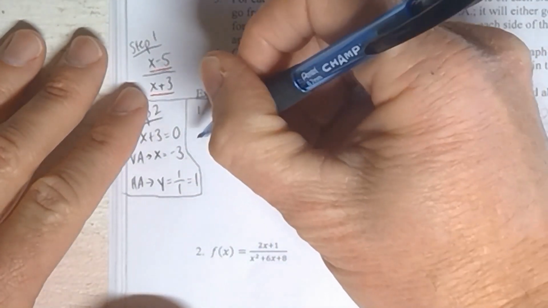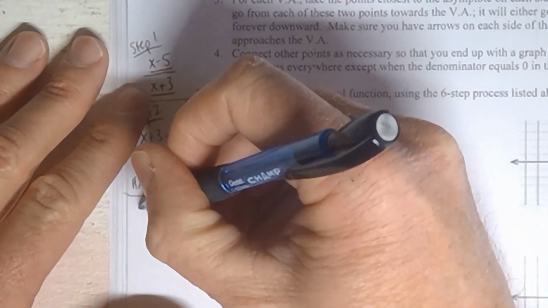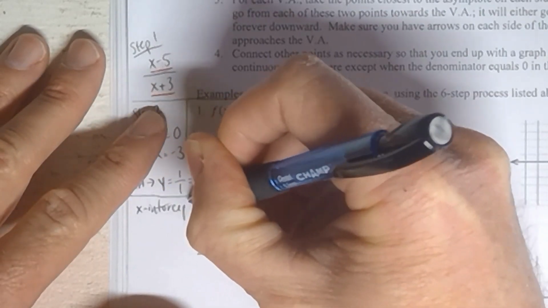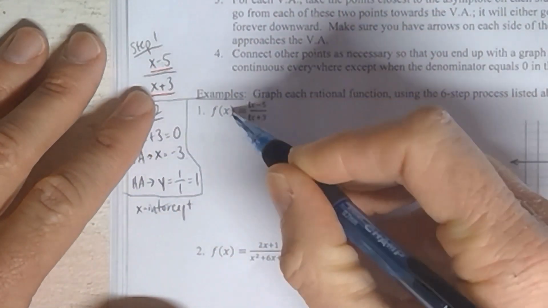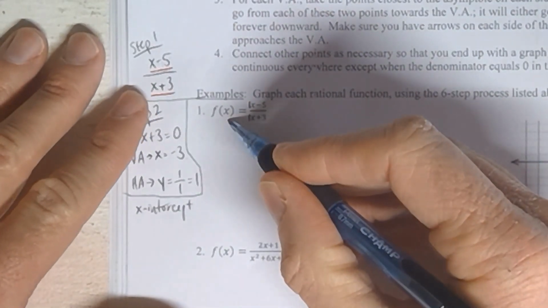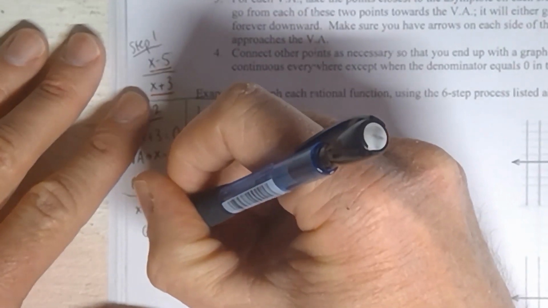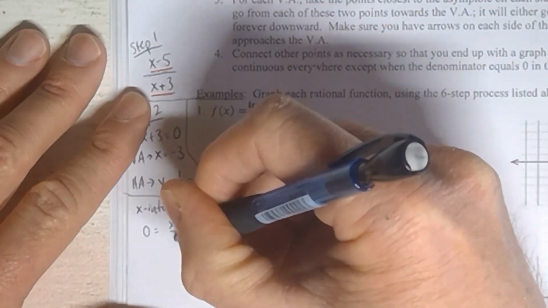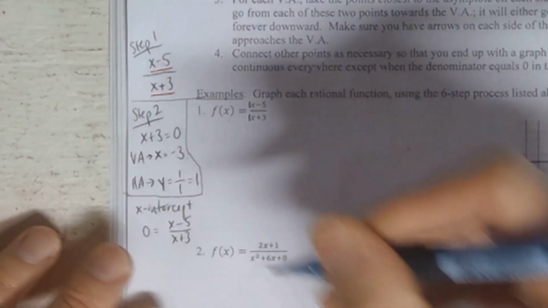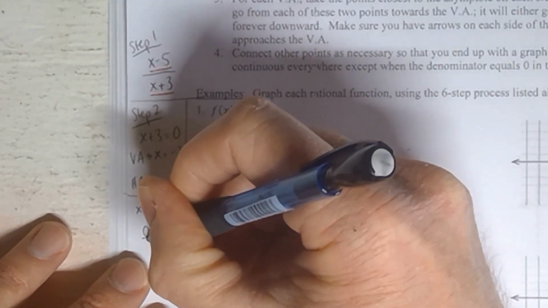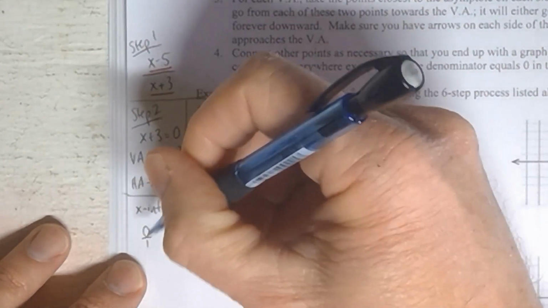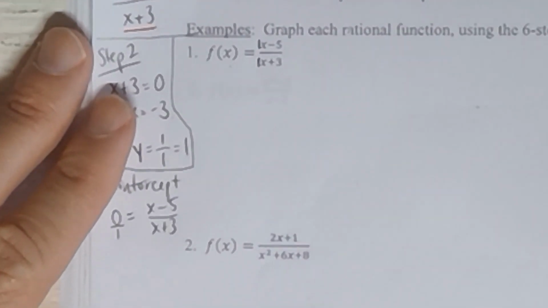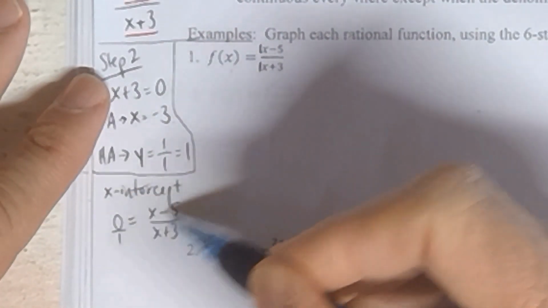For the x-intercept, I need to set y equal to 0, which is the same thing as f of x. And so I make f of x equal to 0, and I solve this equation. Remember, when you have a fraction on each side of your equal sign, I can make the 0 into a fraction like you see there, and then you can cross multiply, can't you?